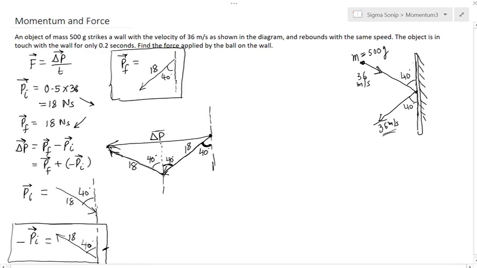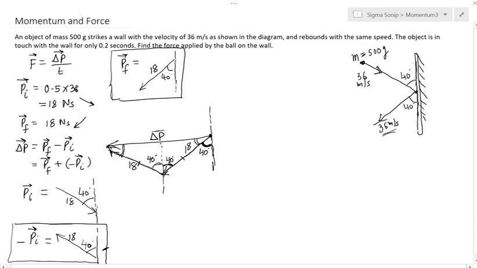This vertical wall and that vertical wall, they are parallel. So this angle is 40, that angle is 40, and it's an isosceles triangle, which means that that side of the triangle is equal to that side.